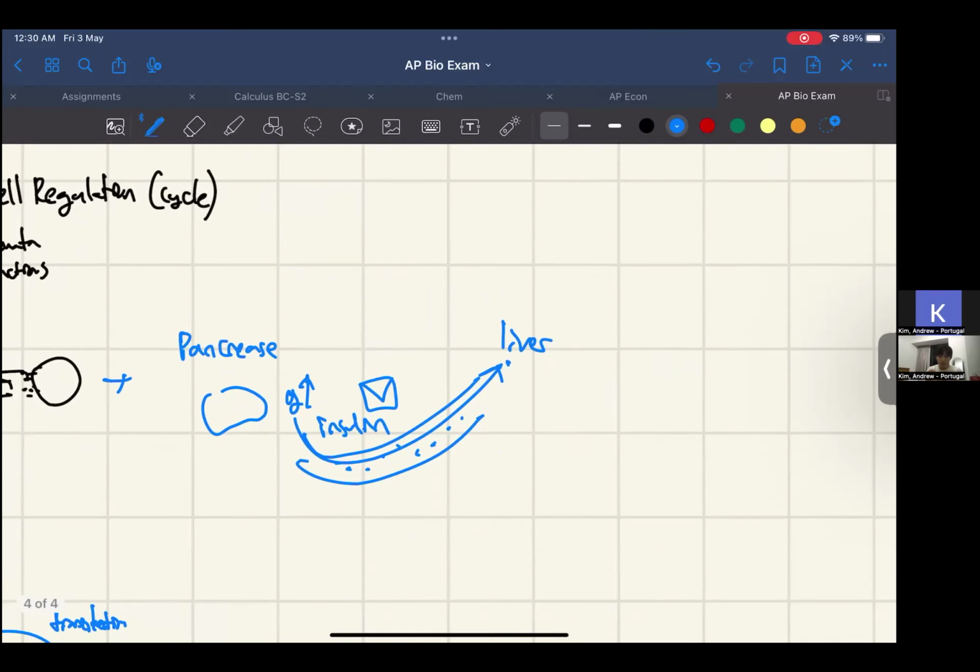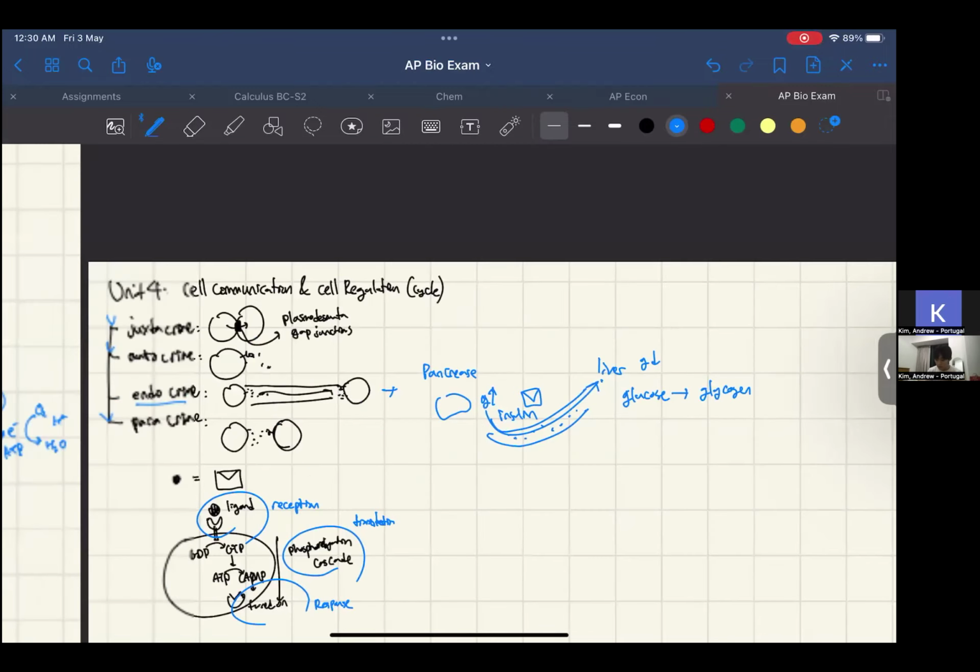Well, if the liver receives insulin, it means that the pancreas has detected high glucose level, right? So we want to decrease glucose level. So what the liver does is convert glucose to glycogen. So now we will have less glucose in our body, right? So this is how the pancreas and liver communicate through insulin, through the endocrine pathway, to maintain homeostasis, to maintain a stable level of glucose in our body, okay? So that was one example.